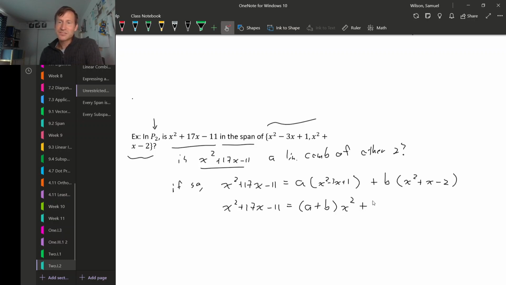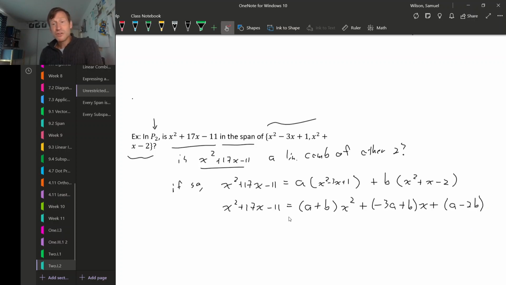And then for our x terms we have minus 3a coming from this one, and then plus b coming from that one, times x, plus, and then for our constant terms we just have a minus 2b. Okay.